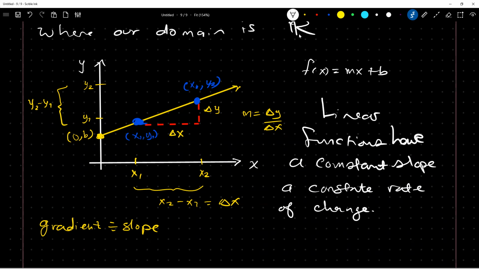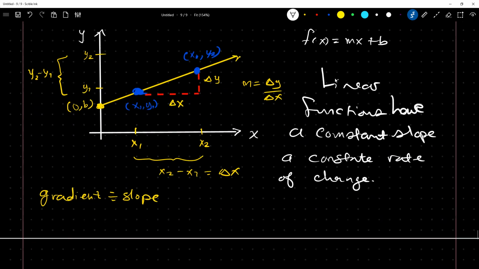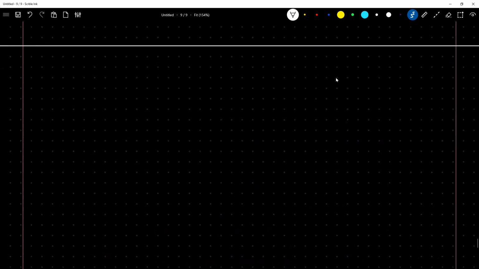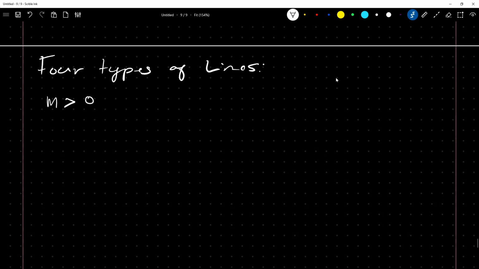Okay. Now, the type of slope, the type of gradient, determines the type of line. So we basically have 4 types of lines, and the lines are based on the gradient. Let me make some preamble here.